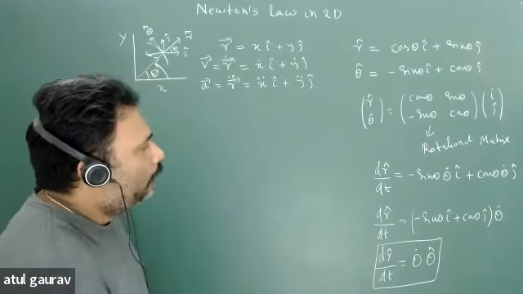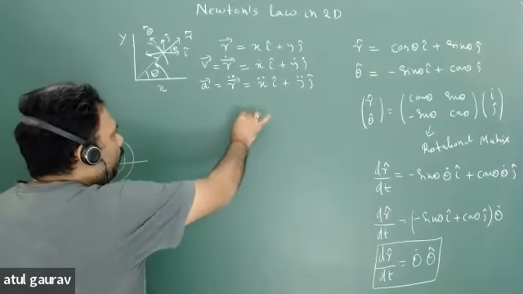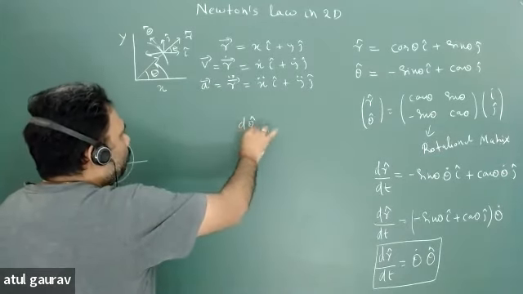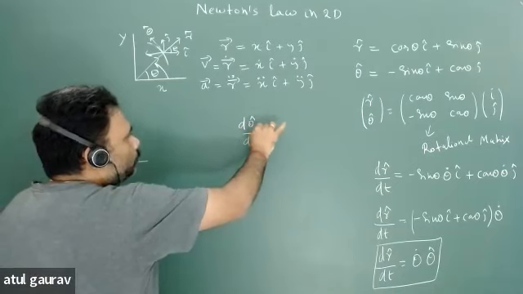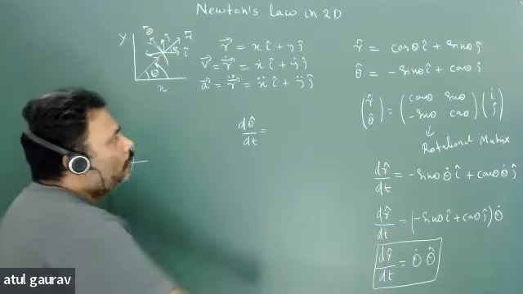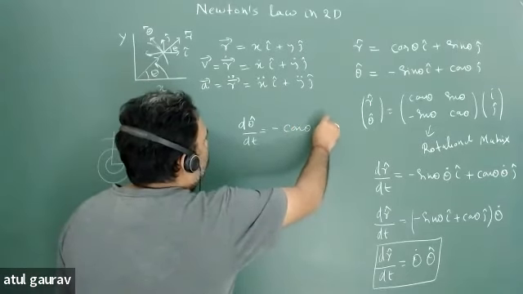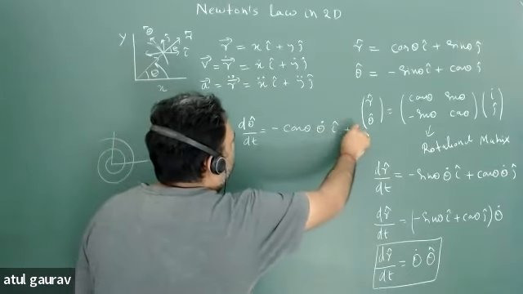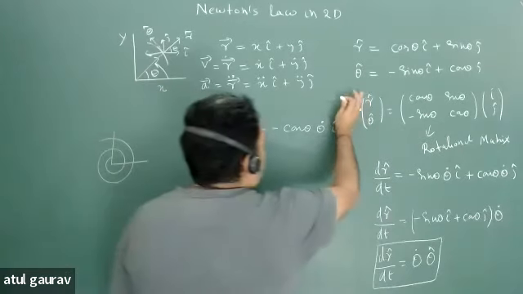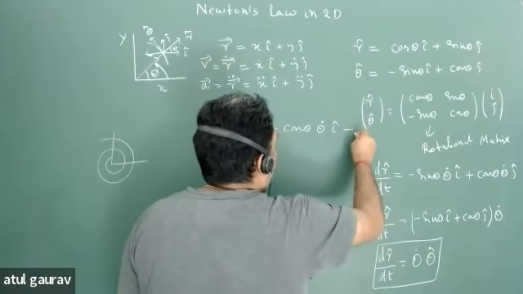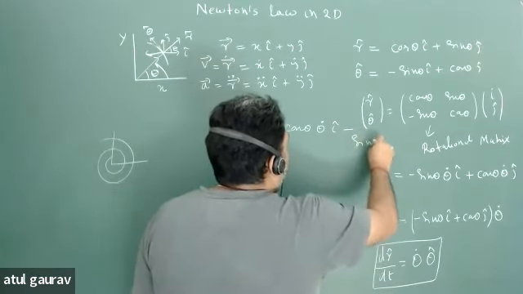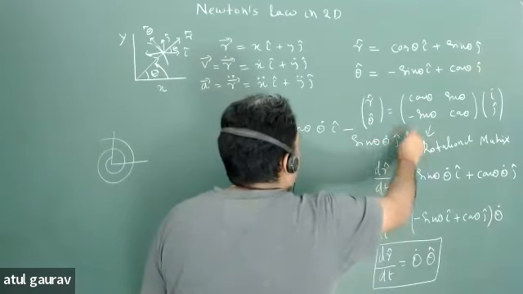And similarly, we can also get d theta cap upon dt. What will be this value? Minus cos theta, theta dot i cap, and again cos theta को differentiate करेंगे तो क्या मिलेगा? Minus sin theta, theta dot j cap.